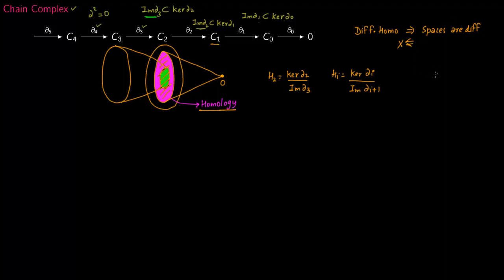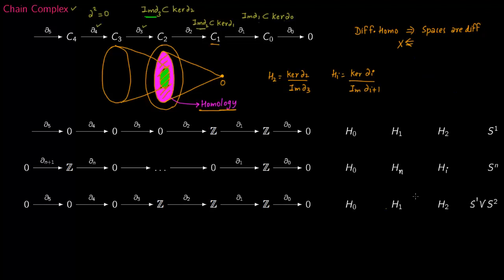Now let us compute some examples. The first example will be of a circle S1. We are not telling right now how this complex associates with the circle. This will come later. But for now, just take on faith that with this S1 there is a complex associated which looks like this. This complex would have integers in place C0 and C1, and everywhere else it is 0.